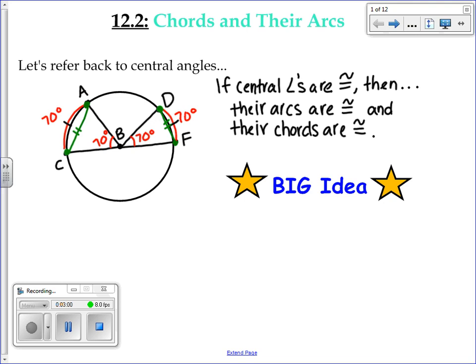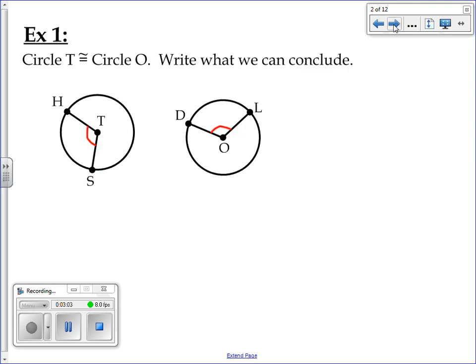All right, so let's take a look at an example. For example 1, we have circle T and circle O, and it says circle T is congruent to circle O. We're going to write down what we can conclude about these circles. If you notice, there's two central angles, one in circle T, one in circle O, and that red arc that I've given to you means that the angles are congruent. So if the angles are congruent, what else can we label as congruent? Well, we can start by saying the arcs are congruent. Now let's put a tick mark here, and let's jot this down.